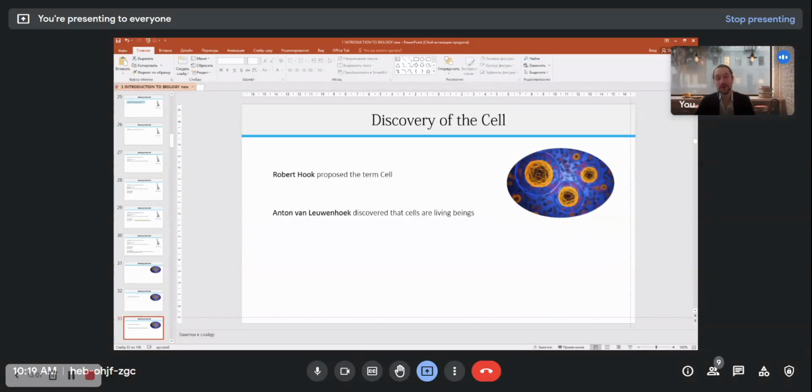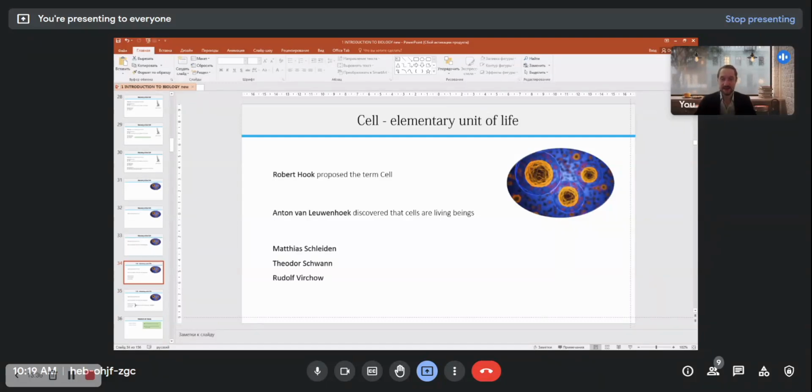And due to these two prominent people, Robert Hooke and Anton van Leeuwenhoek, the scientific community acquired initial knowledge about cells, about the microscopic dimension of living nature. And Anton van Leeuwenhoek recognized that these very small creatures are living beings.